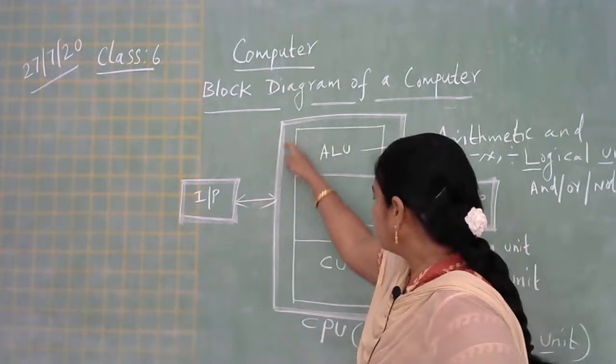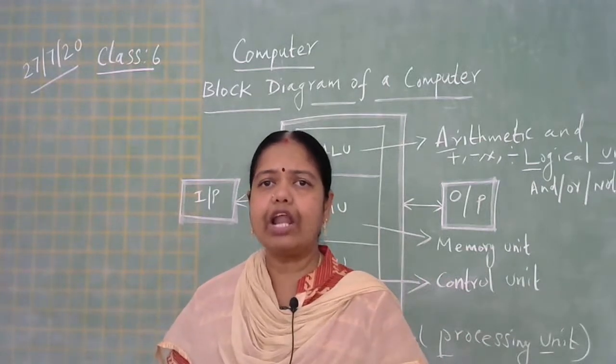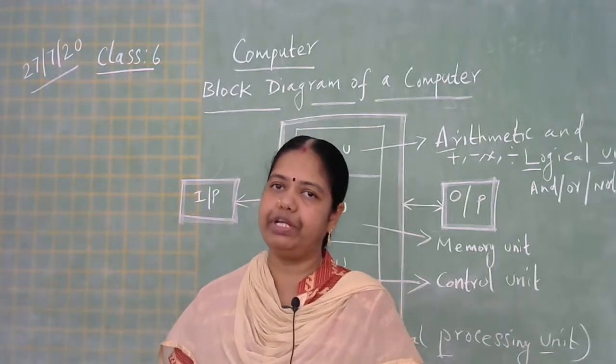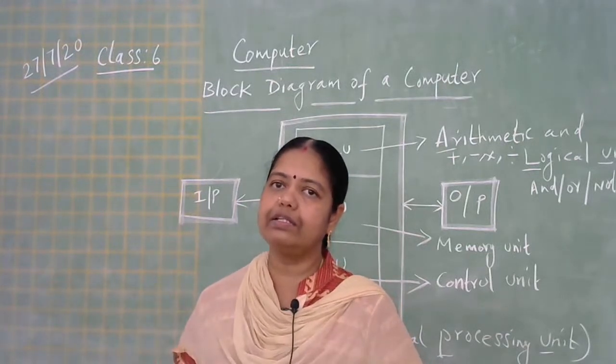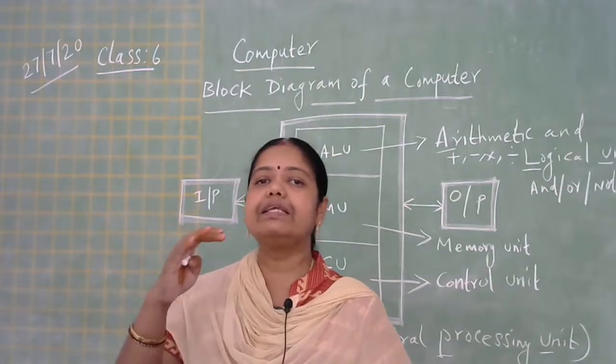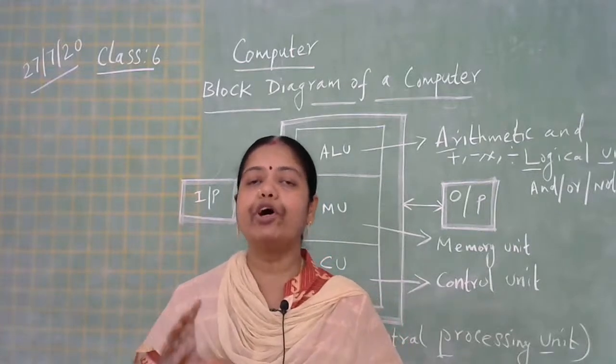So this combination of all these three, arithmetic and logical unit, memory unit, and control unit, these three are called the CPU. Under the CPU, all these three things are happening. So these three are the important ones.